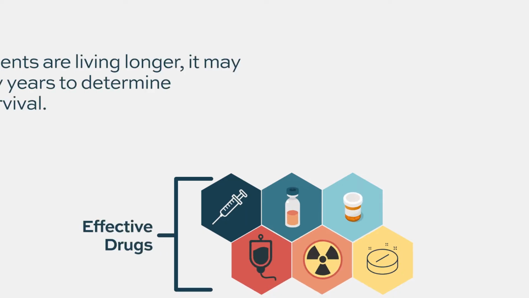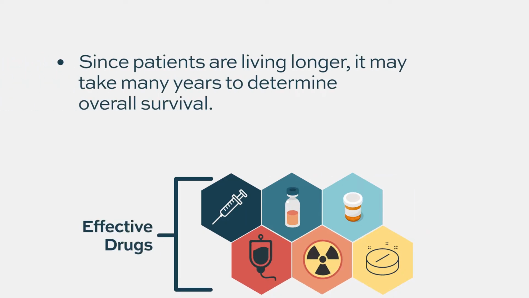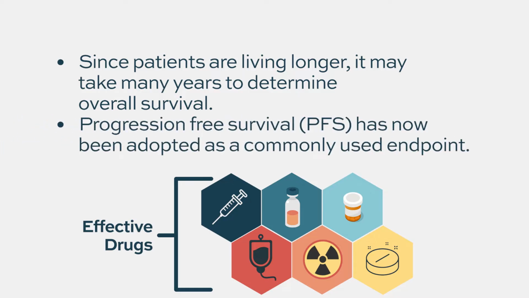But as we've introduced better and better drugs into the treatment for myeloma, patients are living longer and longer. So the second commonly used endpoint is something called progression-free survival, which means how long do people stay in remission. Although that historically wasn't considered a gold standard, progression-free survival has become accepted as an indicator of efficacy for new drugs.